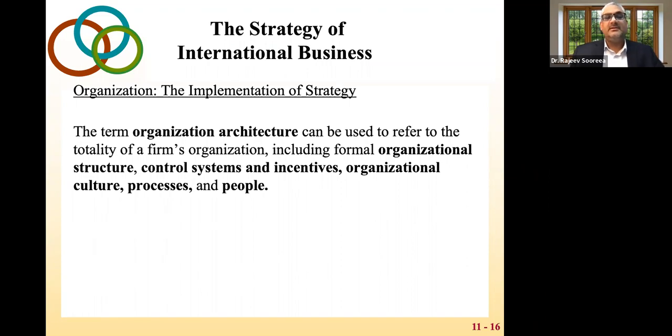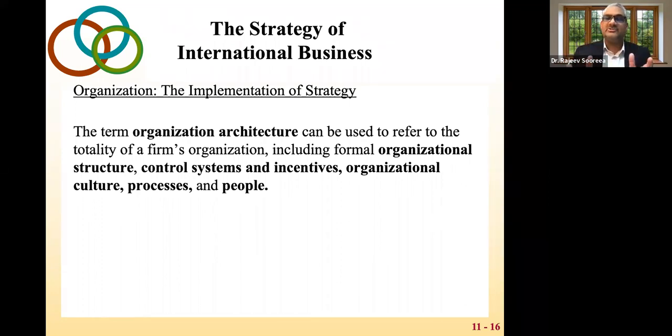Now, there is one term which is important to understand, right? In order to build this firm, you need to know how to design the architecture of the firm. The term organization architecture refers to the totality of your firm's organization. That is, when you put your firm together in total, what does it look like?